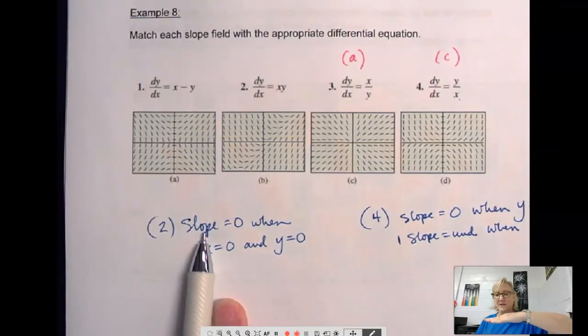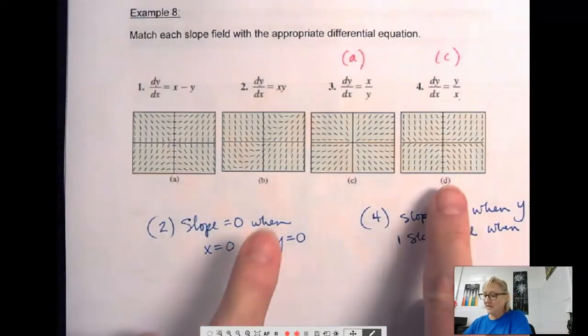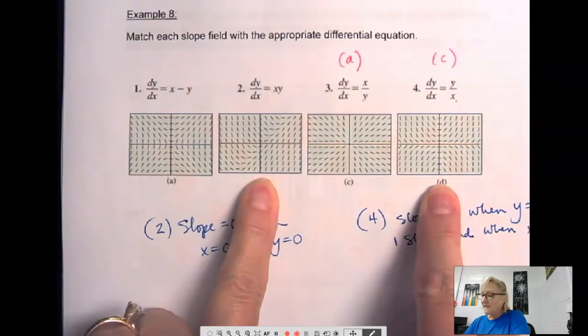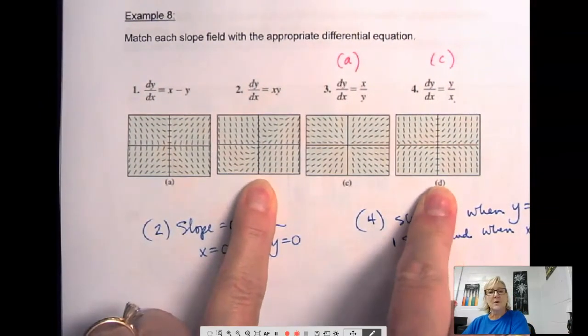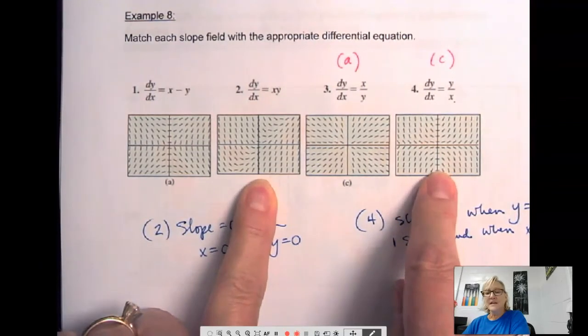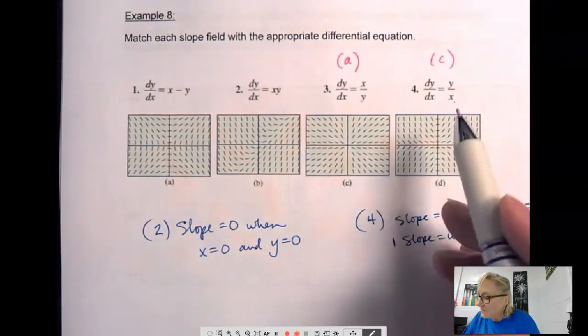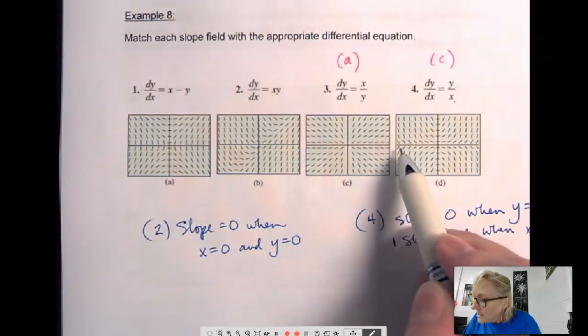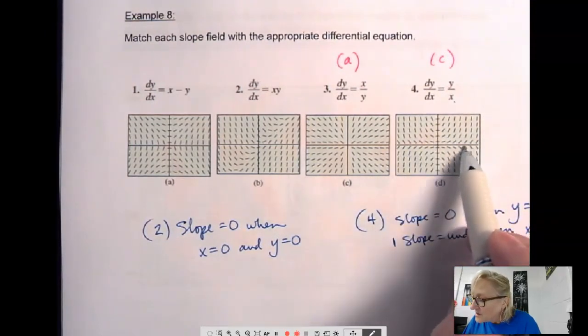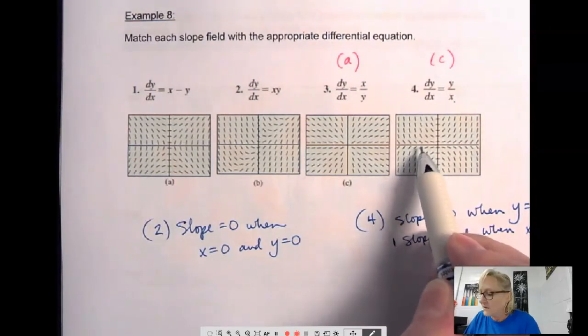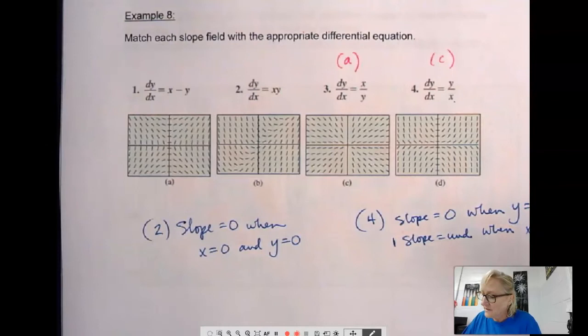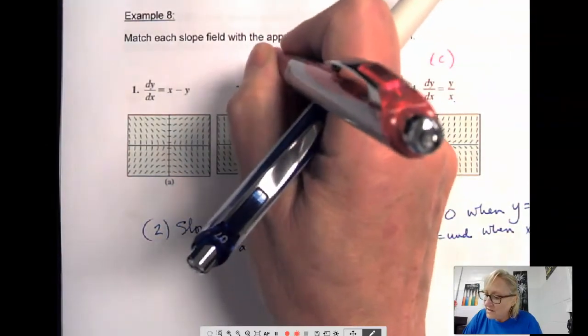A slope of 0 is horizontal. So I'm looking for a graph, and we only have B and D left, that has a slope of 0 on the x and the y-axis. And the only one that really fits that description is this. I have little slopes of 0, and these are approaching little slopes of 0 here. So it could be 0 on there, and they're just blending in with the axis. So I would definitely say that this one matches D.